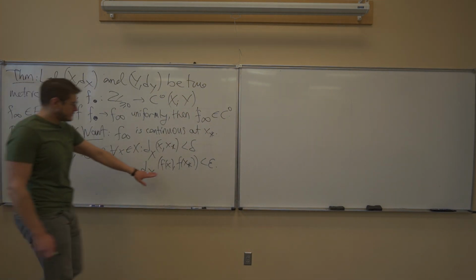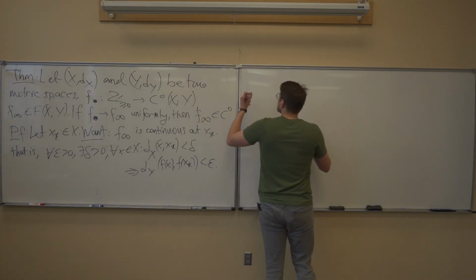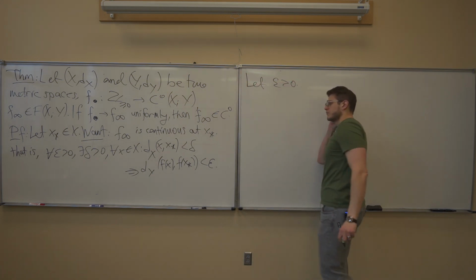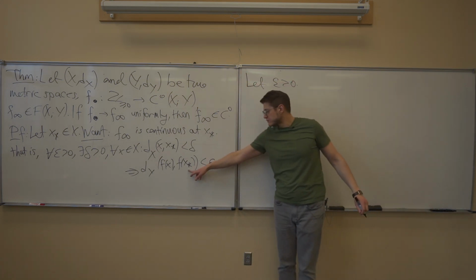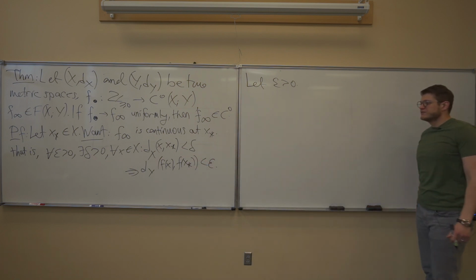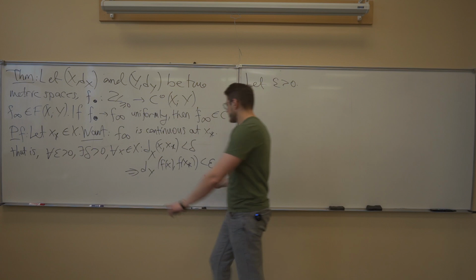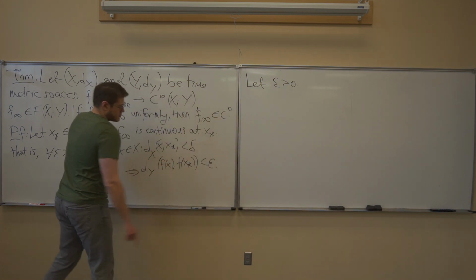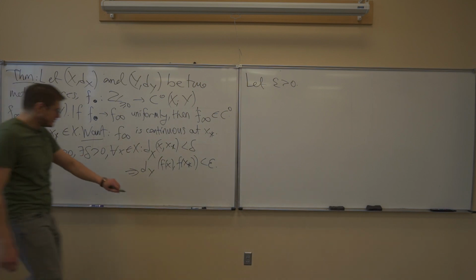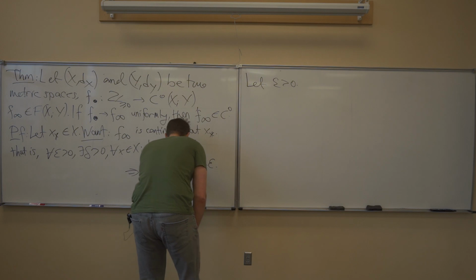I want to bound this guy. How can I bound this by epsilon, or by some number? How can I control this guy using what I already have? Oh, of course, this should be f infinity here.